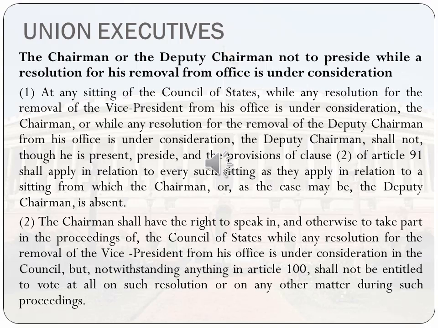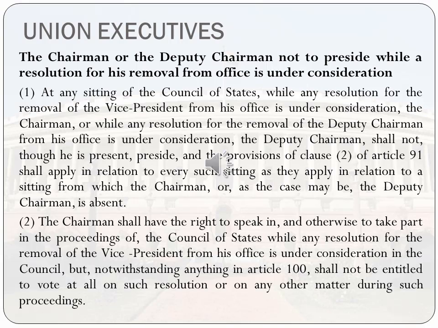At any sitting of the Council of States, while any resolution for the removal of the vice president from his office is under consideration, the chairman, or while any resolution for the removal of the deputy chairman from his office is under consideration, the deputy chairman, will not, even though he is present, preside over the house.